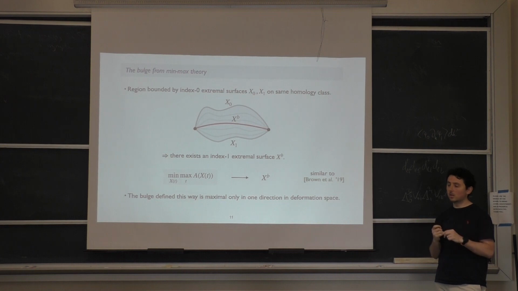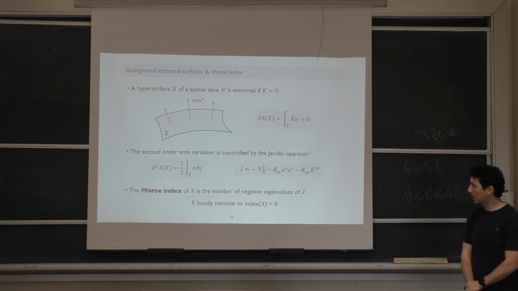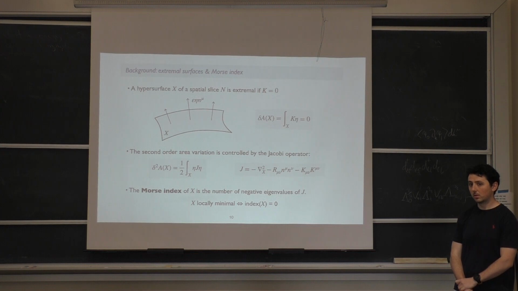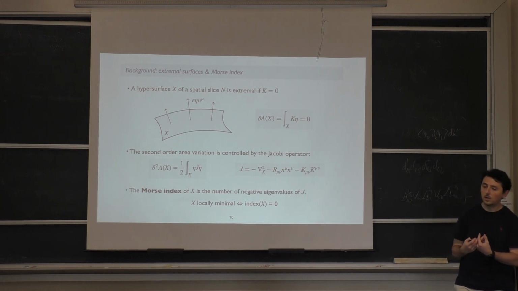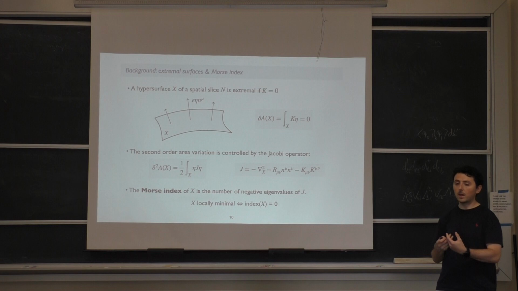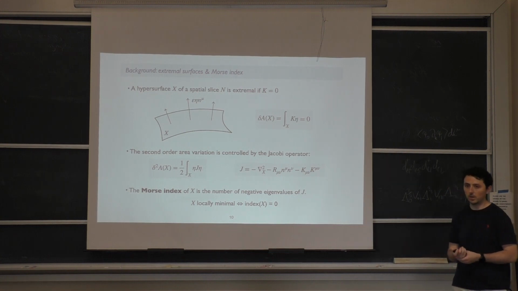Going back to this operator, the number of negative eigenvalues seems like it would depend on the point x. No, the point is that this is a differential operator, so it has some eigenvalues and some eigenfunctions. When you apply this operator to an eigenfunction, it gives you a number times the eigenfunction at all points. I see, so it doesn't depend on the points.